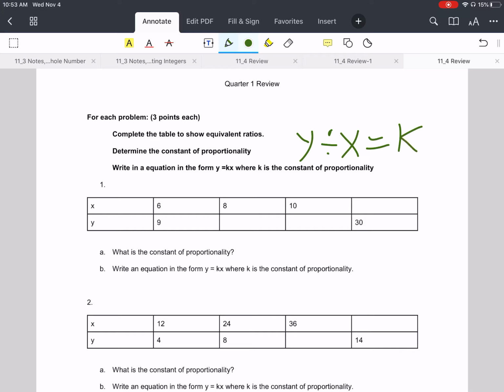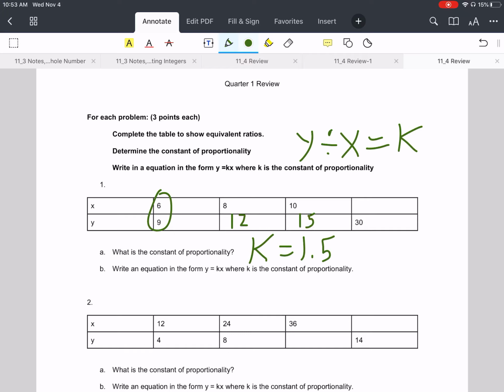So we can look right here. We see that there is a y value of 9 and an x value of 6. So k is going to equal 1.5. So we can multiply our x value by 1.5 to get our y value. So 8 times 1.5 is 12. 10 times 1.5 is 15.